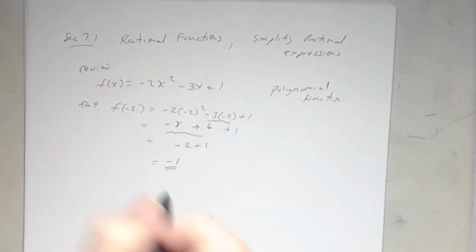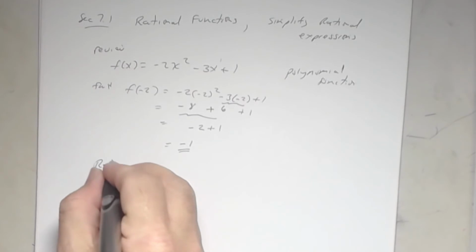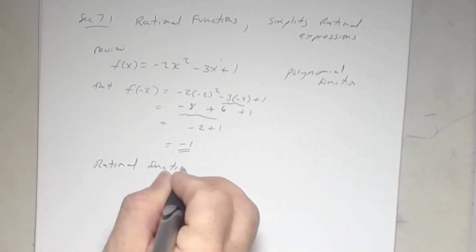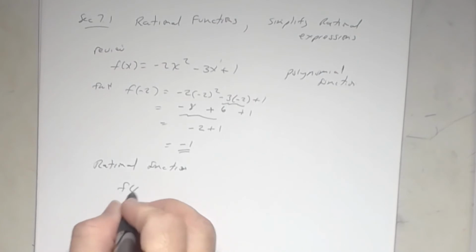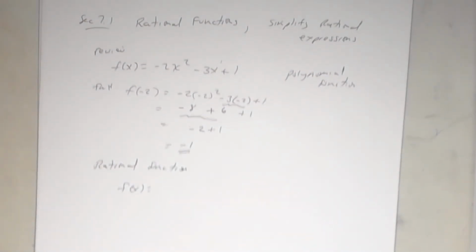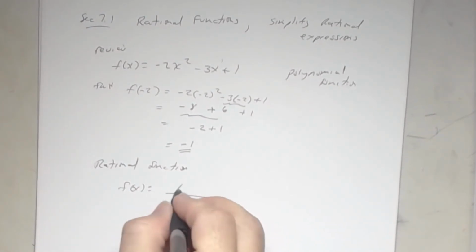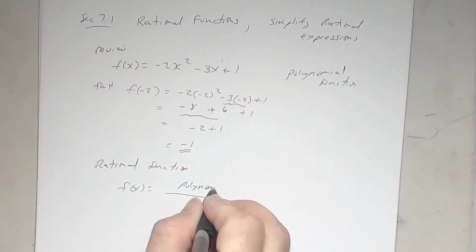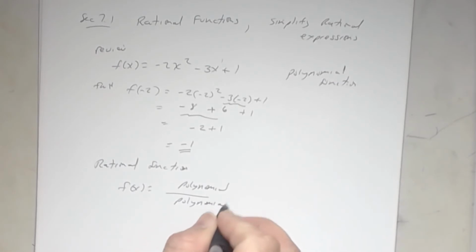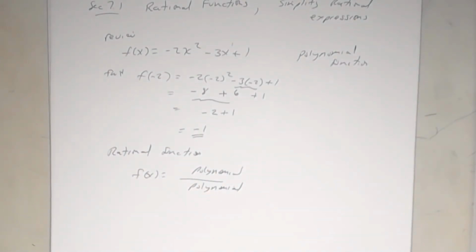A rational function has this form. Remember the function notation: f of x, g of x, h of x, k of x, whatever it may be, but it's a polynomial divided by a polynomial. So a rational function is a ratio of two polynomials.